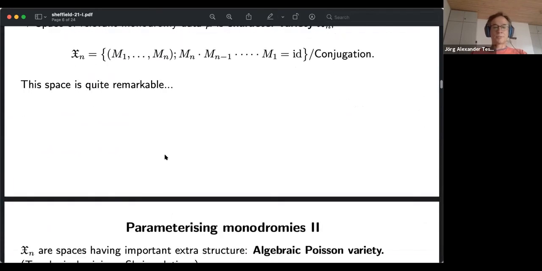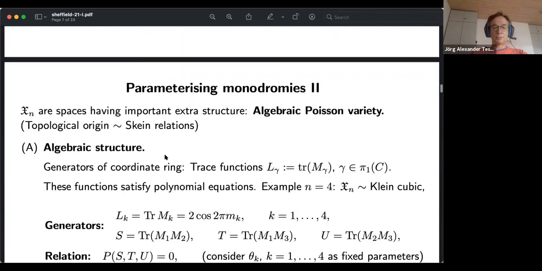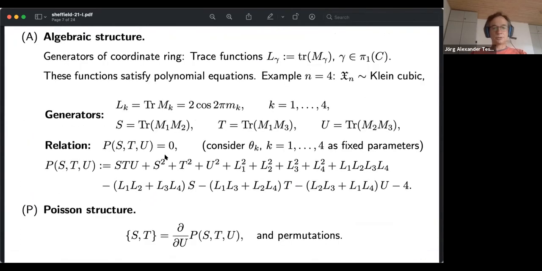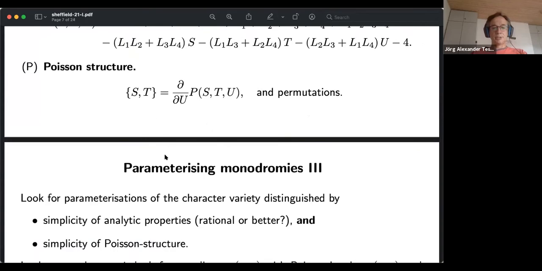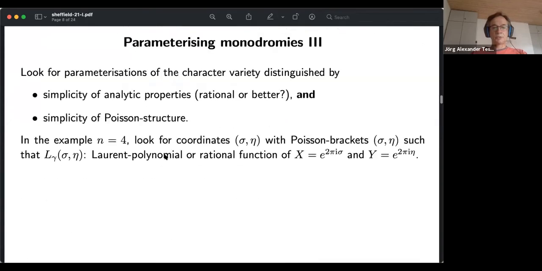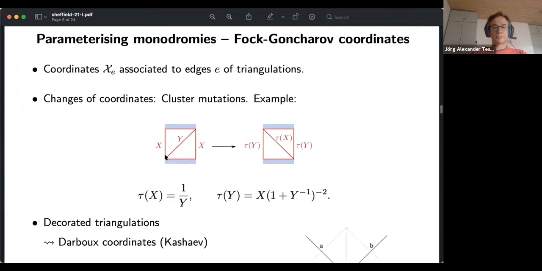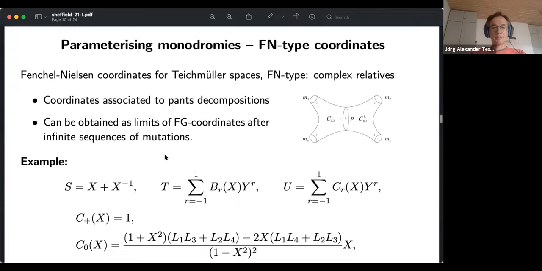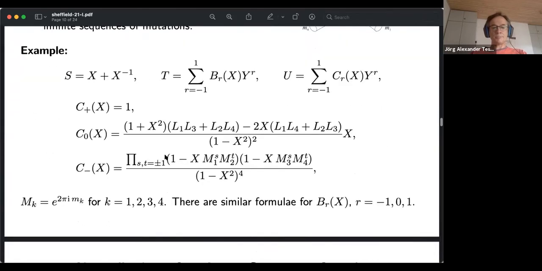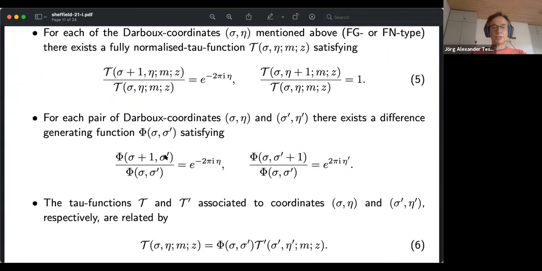I sketched very briefly the definition of the character variety, its algebraic and Poisson structure, and the most important types of coordinates relevant in this context, which are the Fock-Goncharov coordinates or coordinates of Fenchel-Nielsen type. All right, so I shall not repeat this.